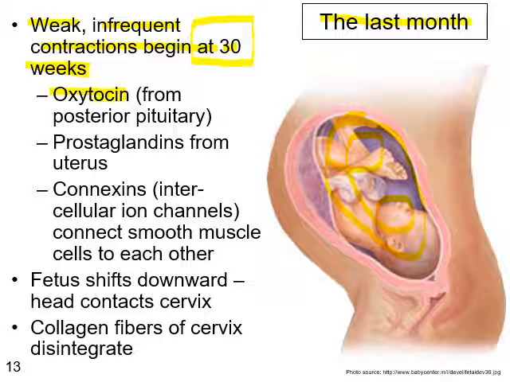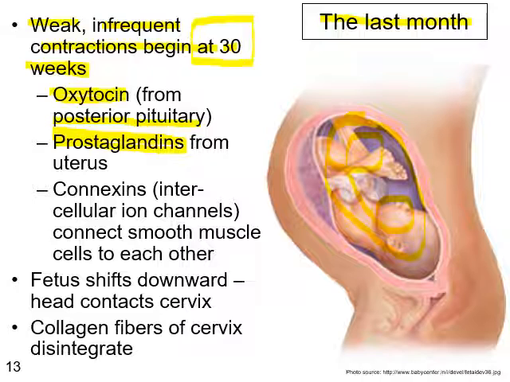Oxytocin, which is released in small amounts from the posterior pituitary, triggers contraction. Prostaglandins from the uterus itself, in a paracrine signaling mechanism, also trigger contraction of the smooth muscle.